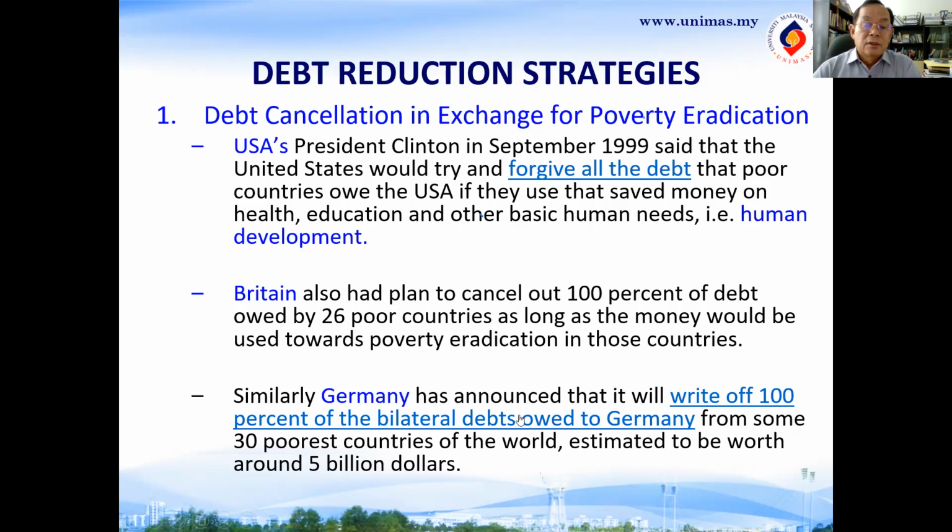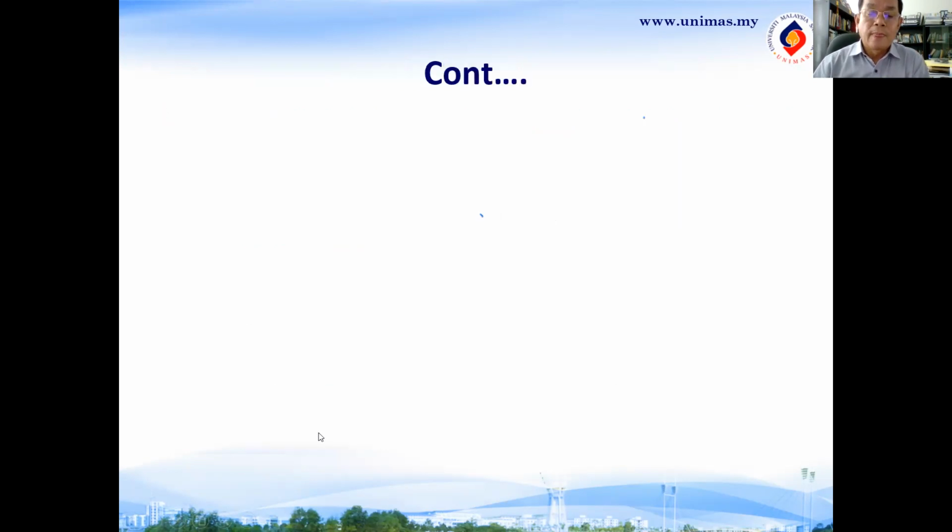Right, so US, Britain, Germany, they were willing to cancel out the debt, tapi dengan harapan bahwa uang yang digunakan untuk membayar balik hutang tadi sebaliknya digunakan untuk pembangunan ekonomi negara tersebut.